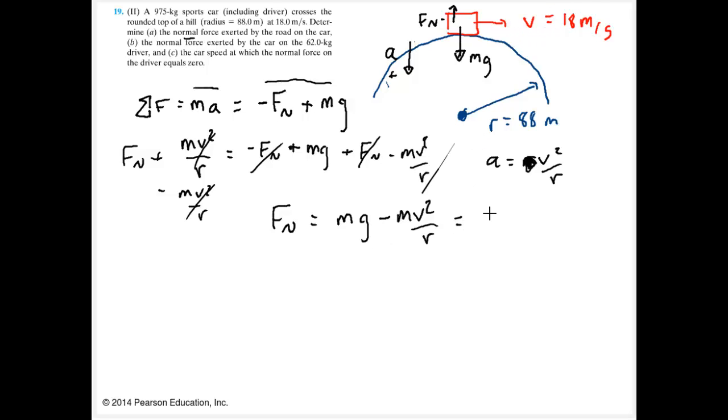I can also factor out a mass right here, so I don't have to write it twice later: mass times gravity minus velocity squared divided by the radius. Now it's a matter of plugging in everything that I know.